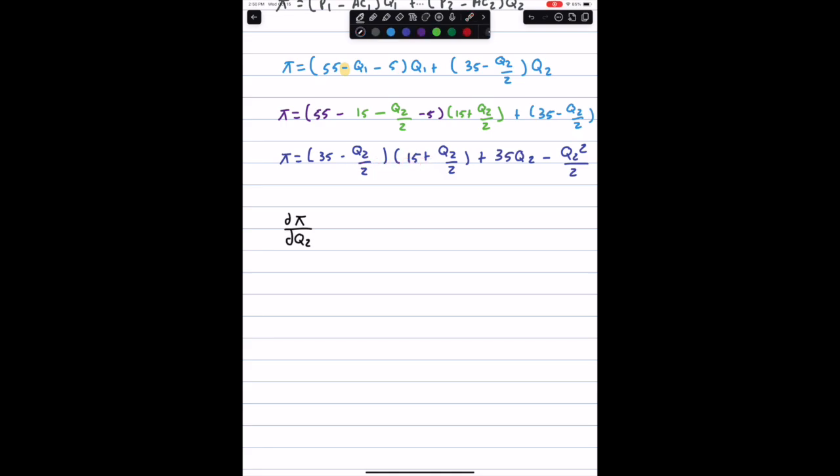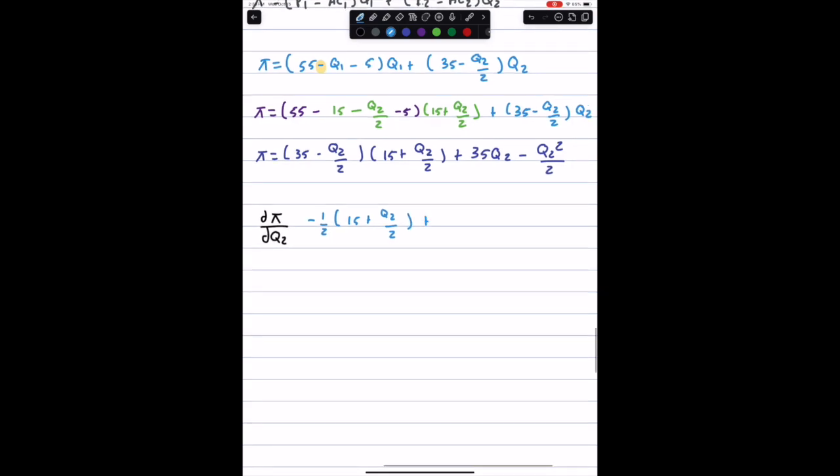And that is basically the derivative of the first one, which is negative 1 over 2, times 15 plus Q2 over 2, plus positive 1 over 2, 35 minus Q2 over 2.